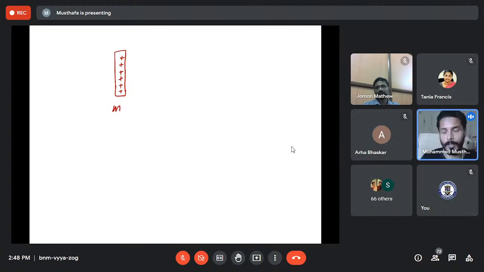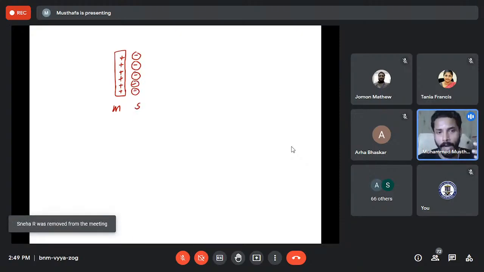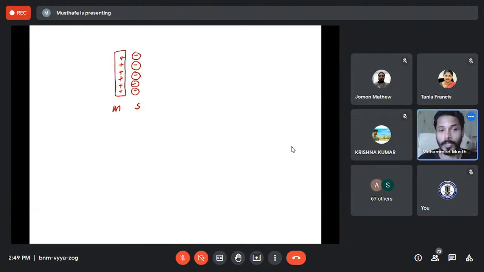So suppose the charge on the metal is positive. According to this model, there will be another layer of charge on the solution side, which is equal in magnitude but opposite in sign. So the charge on the metal will be balanced by another layer of charge on the solution side, equal in magnitude but opposite in sign.